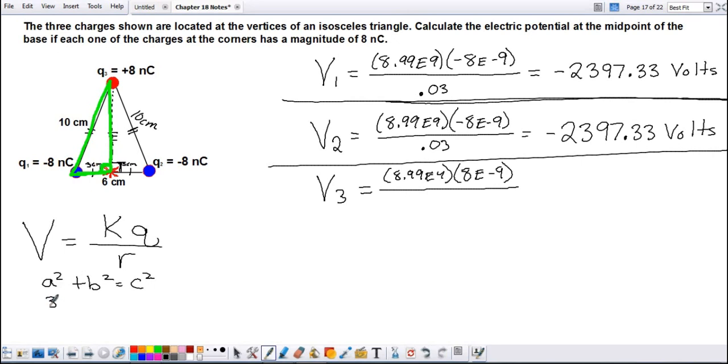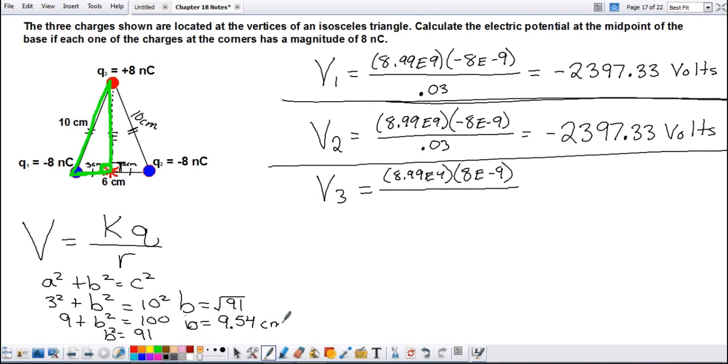That's 3 centimeters, so 3 squared, plus the other leg is what we don't know, so b squared, equals the hypotenuse squared, 10 squared. So I have 9 plus b squared equals 100. Subtract 9 from both sides. B squared equals 91. So b is equal to the square root of 91. We type that in our calculator, we get about 9.54 centimeters.